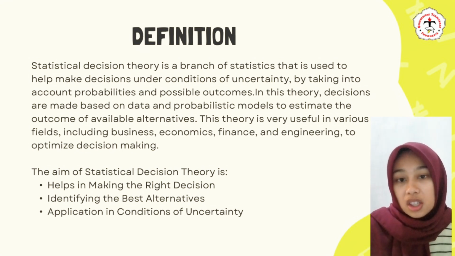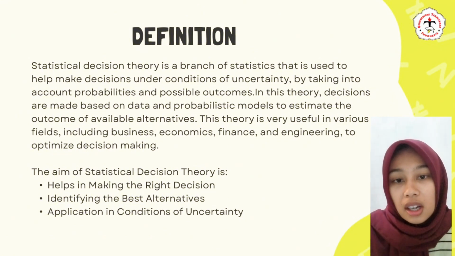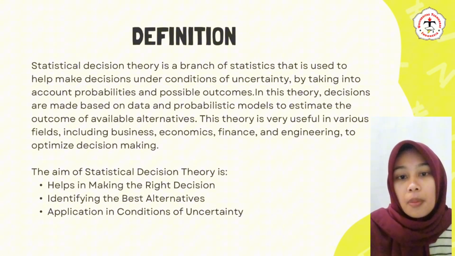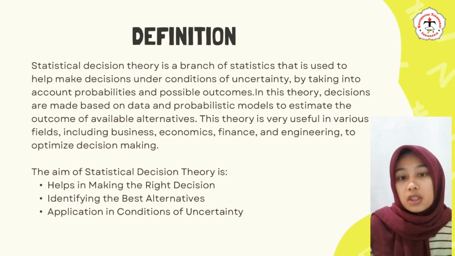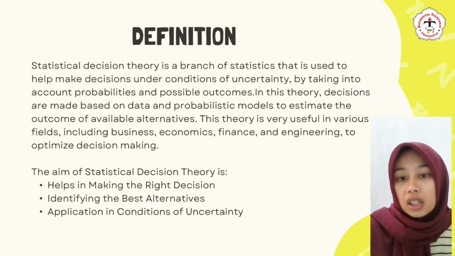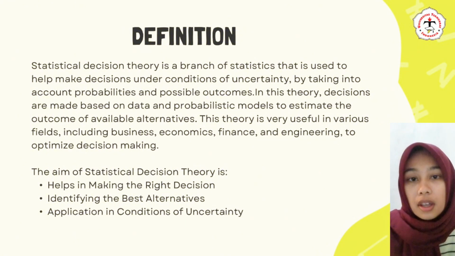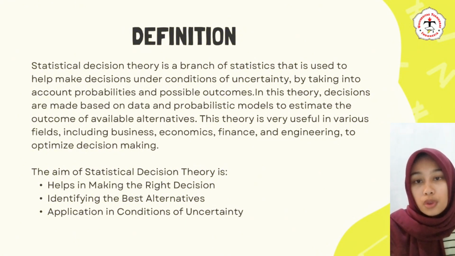In this theory, decisions taken are based on data and probabilistic models to estimate the result of each alternative. This theory is very useful in various fields, including business, economics, finance, and engineering, to optimize decision making.